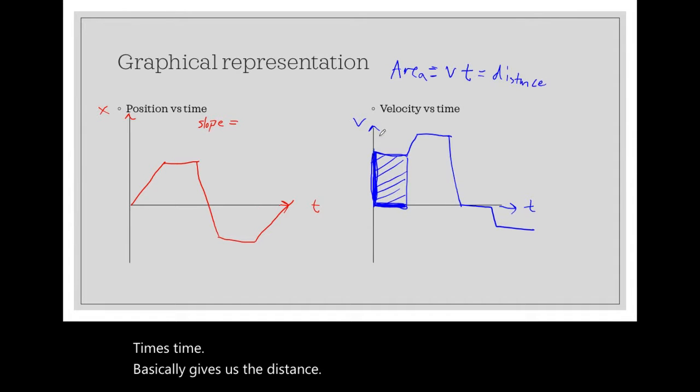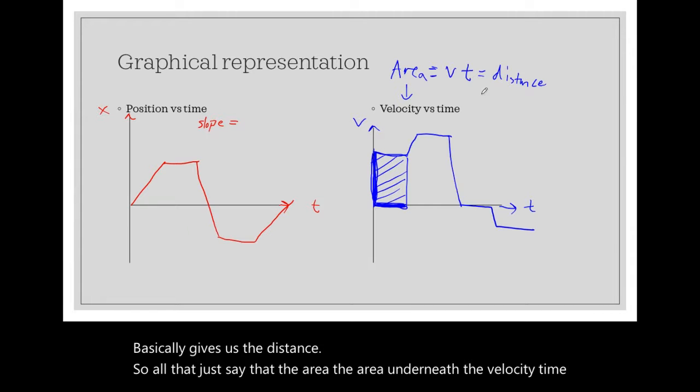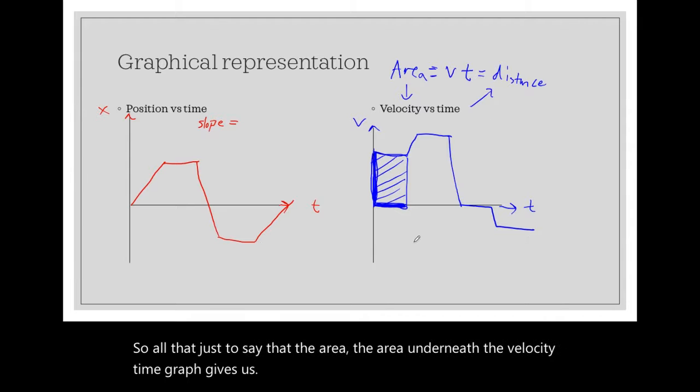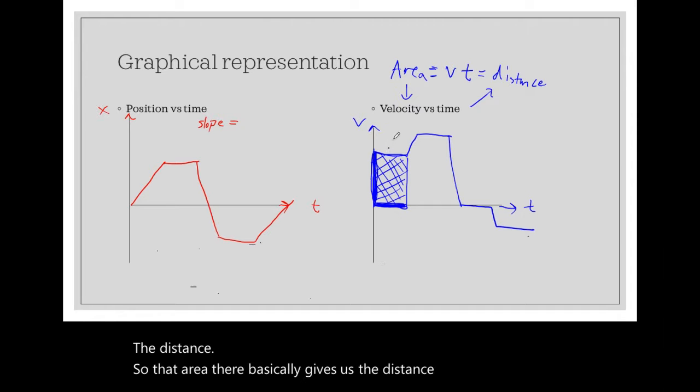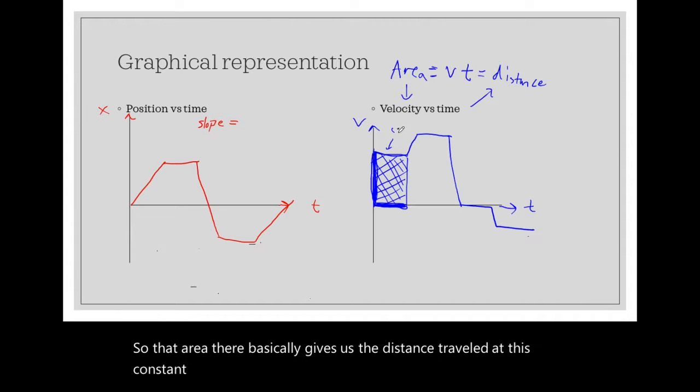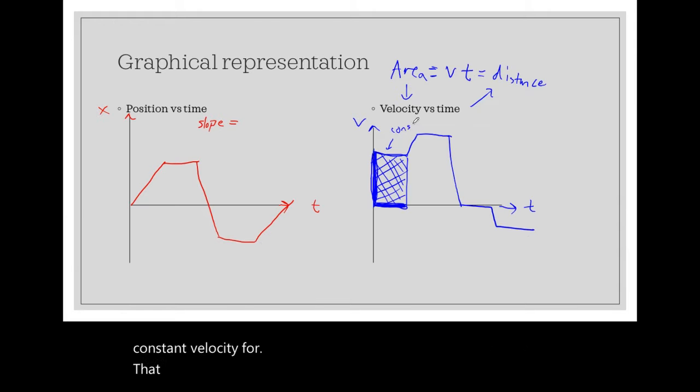Distance traveled. So all that just to say that the area underneath a velocity time graph gives us the distance. So that area there basically gives us the distance traveled at this constant velocity for that amount of time.